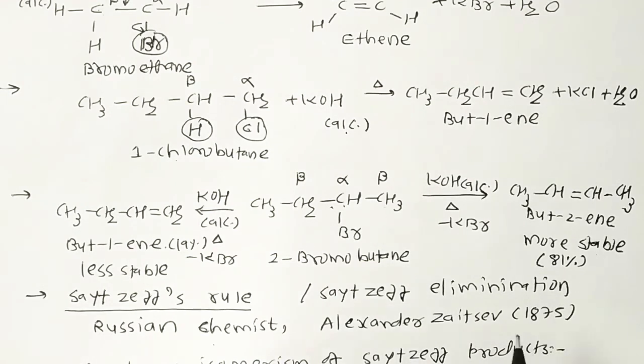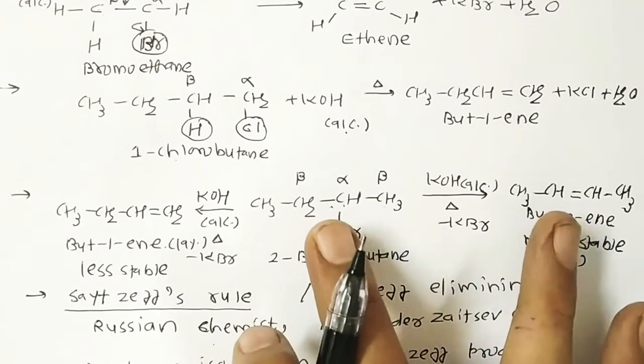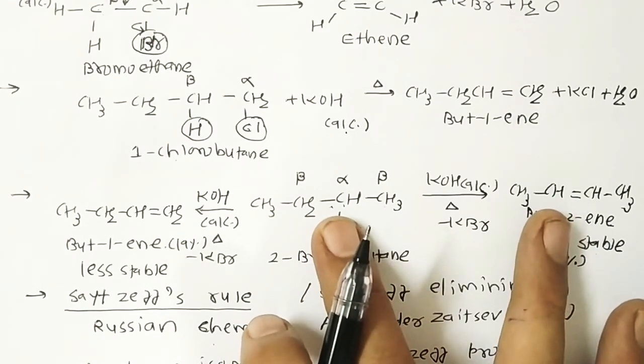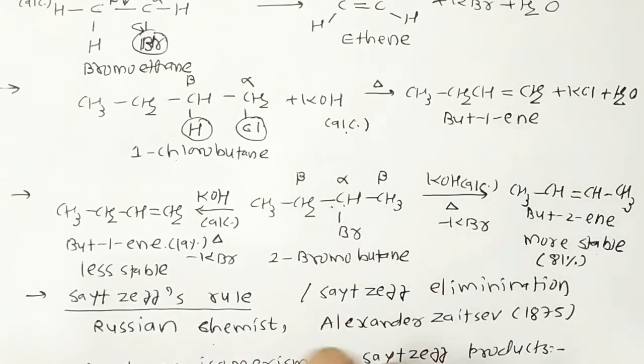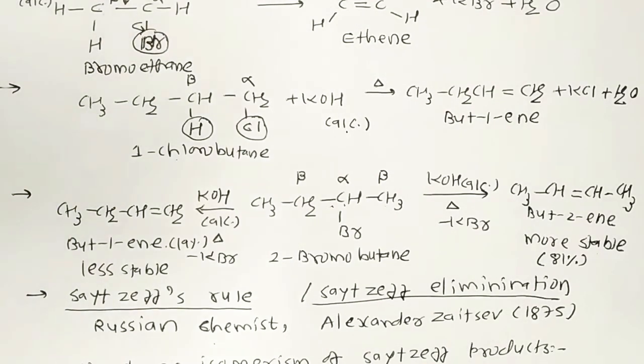So this generalization is known as the Saytzev rule, because these explanations can be explained with the help of the Saytzev rule, and this mode of elimination is called Saytzev elimination, or sometimes E2 elimination, right? So what is the Saytzev rule?